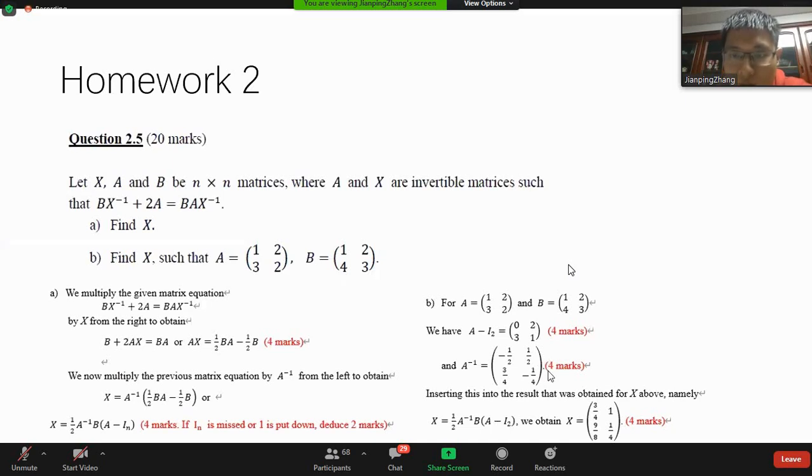The inverse is correct. You can multiply this result with A, and you get an identity matrix. So I think there is no problem with the answer.